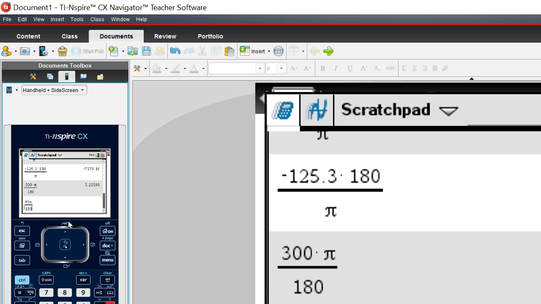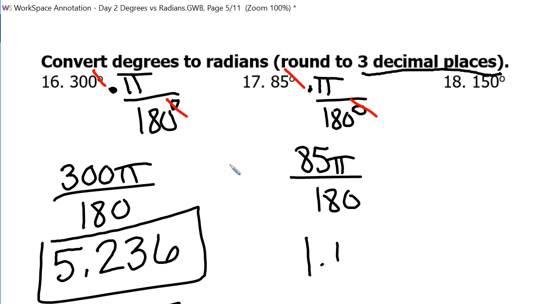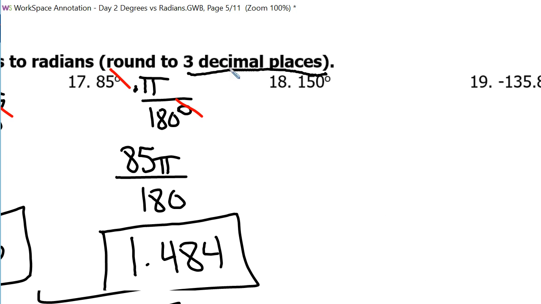And to 3 decimal places, it's 1.484. I want you to do 18 and 19, multiply these by pi over 180 degrees, and we'll check your answers here in a second.